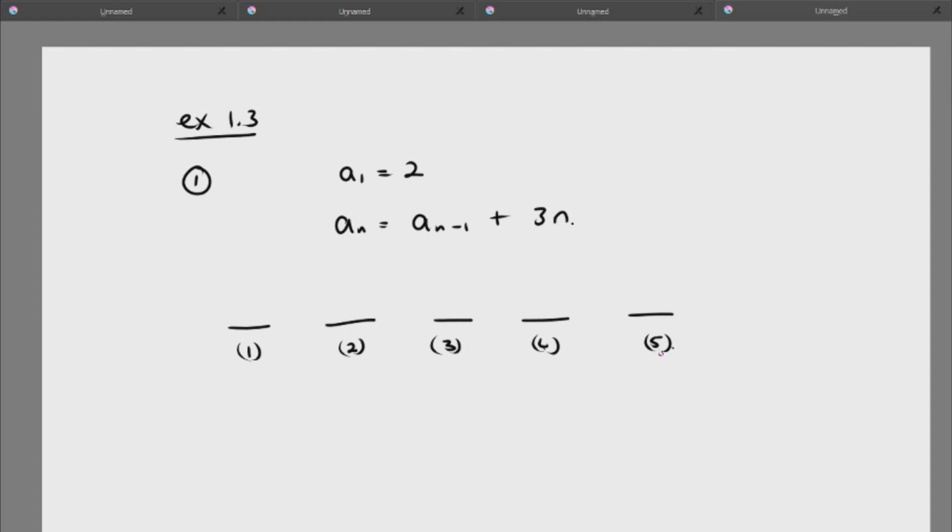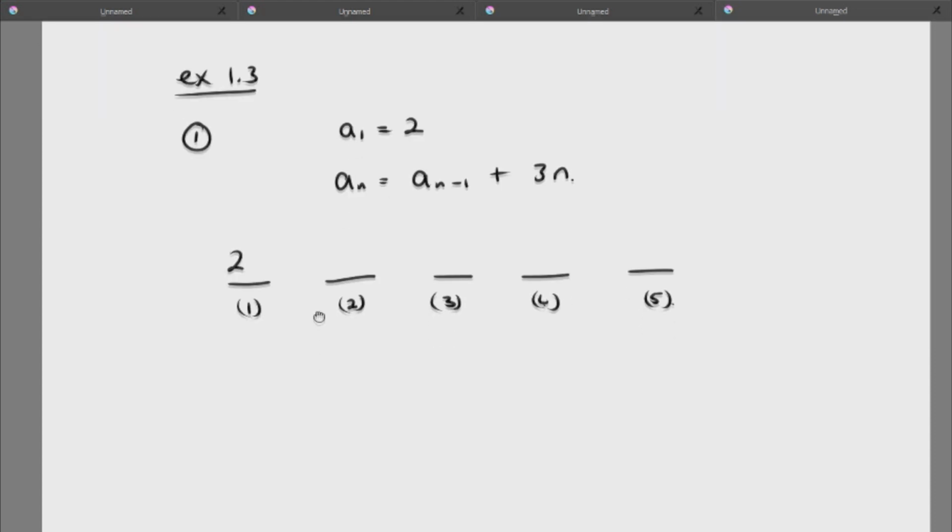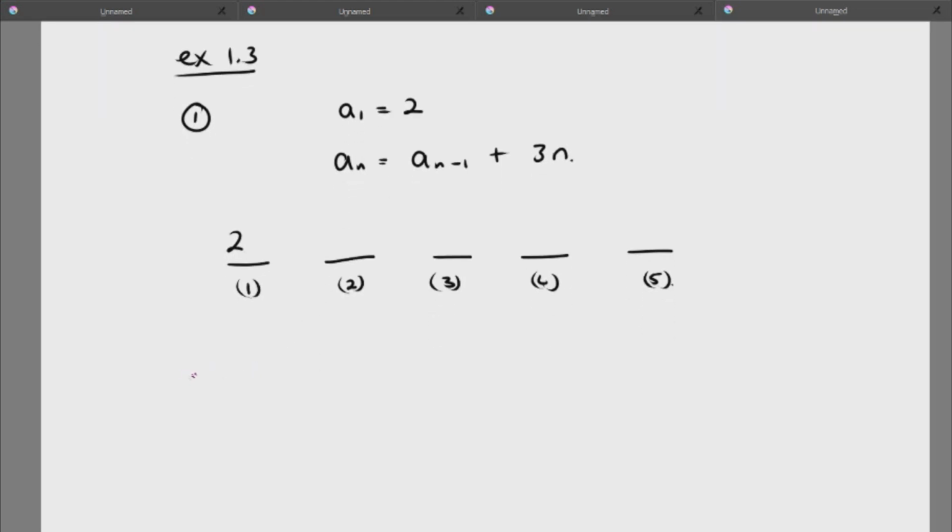The question says make the first 5. So that's what we will do. But it already tells me what the first one is, so I can just put in a 2 there. Easy. Now I have to use the second part of the recursive formula to determine position 2. Well, this one, I'm looking for A2.